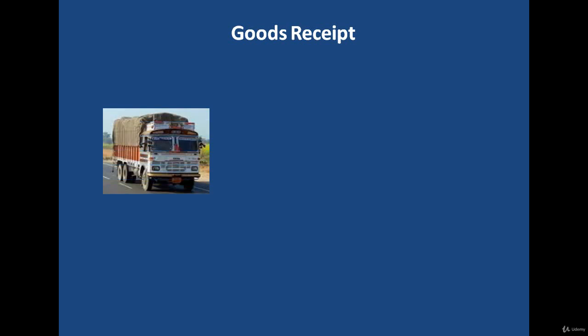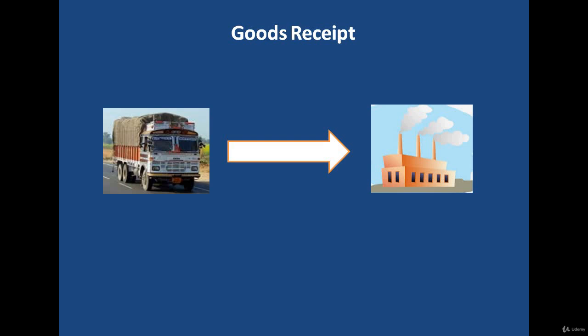So this activity is called goods receipt. The vendor, with the help of a transporter or through his own transport facility, supplies the material to the company.